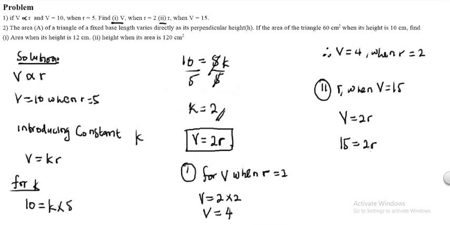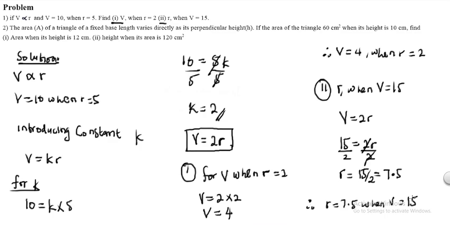And then if I divide both sides by 2 to get my R, this cancels out and R is 15 over 2, which is 7.5. So we can say, therefore, R is equal to 7.5 when V is equal to 15.